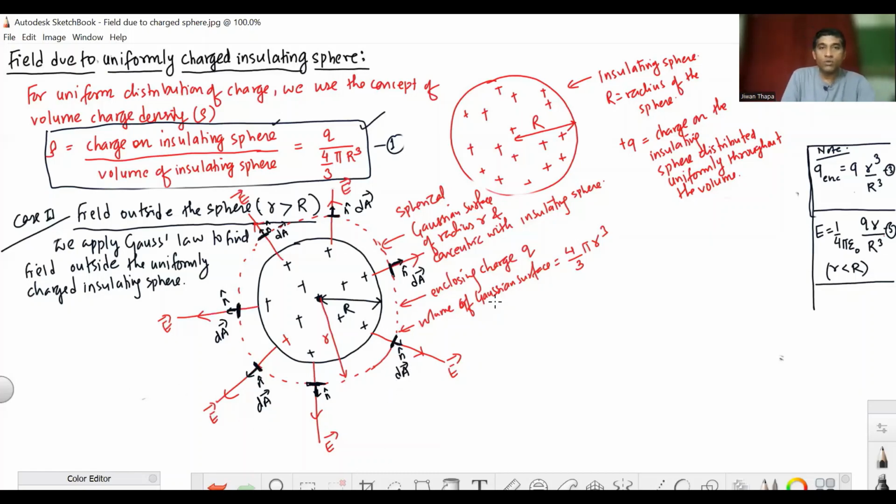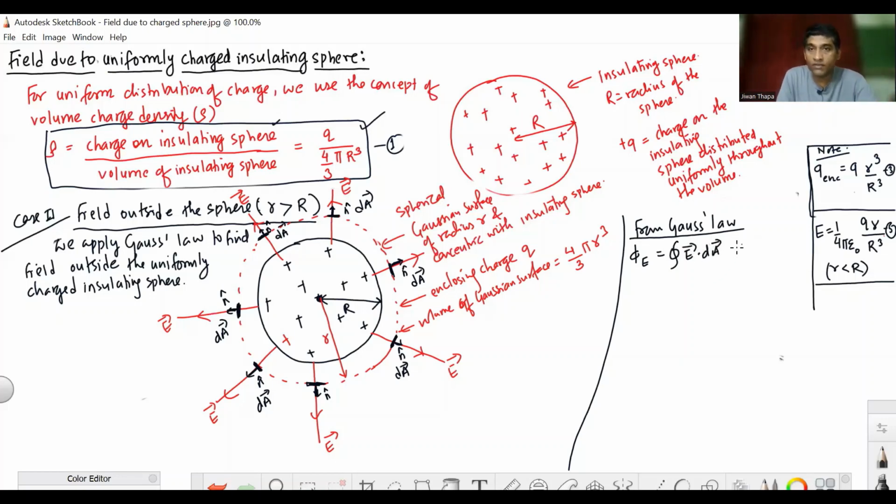Now from Gauss law, total electric flux equals the surface integral of the electric field over the Gaussian closed surface, which equals 1/epsilon 0 times the charge inside the Gaussian surface. The charge inside the Gaussian surface is Q, so we write Q by epsilon naught.